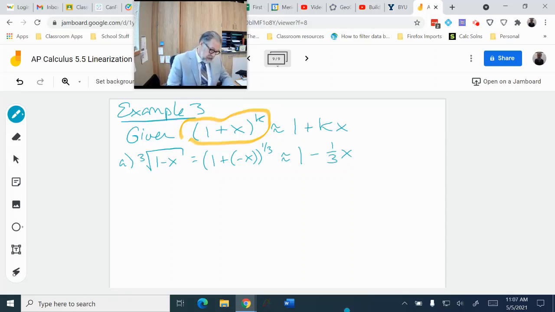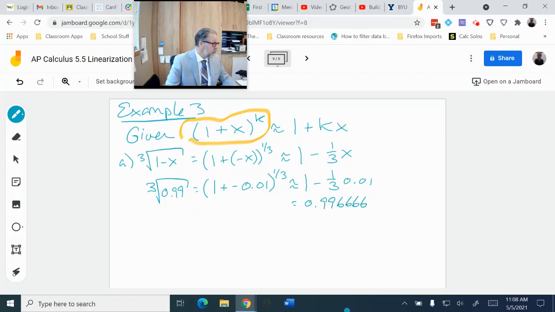Let's try it. The cube root of 0.99. This is 1 plus negative 0.01 to the 1/3, which means that this is approximately 1 minus 1/3 of 0.01. And that is 0.9966666.